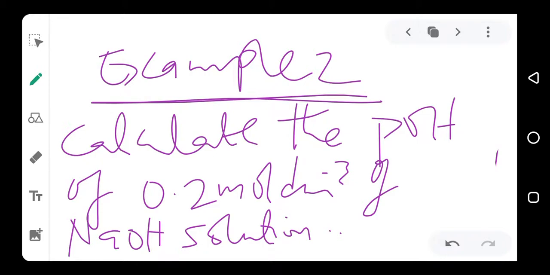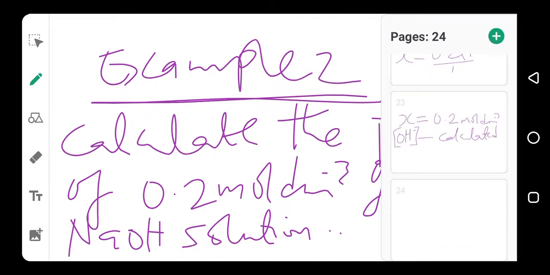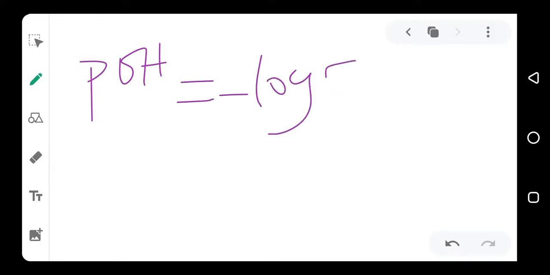They asked us to find the pOH of the solution. Now, if we are looking for pOH, we use the equation that states that pOH is equal to negative logarithm of hydroxyl ion concentration, where this hydroxyl ion is the one we calculated.